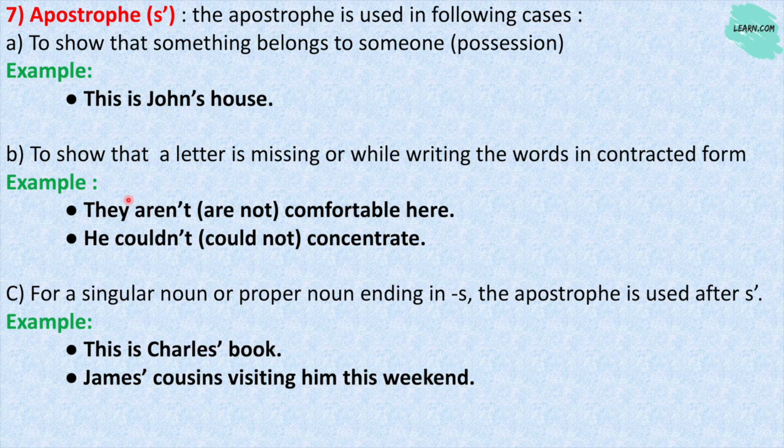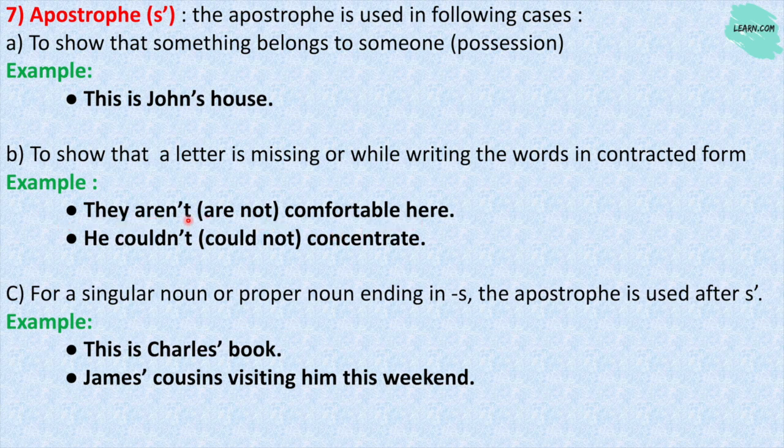Second, to show that a letter is missing, or while writing words in contracted form. Many times we use a contracted form of a word. We omit one or two letters and write two words as one single word. See the example: They aren't comfortable here.